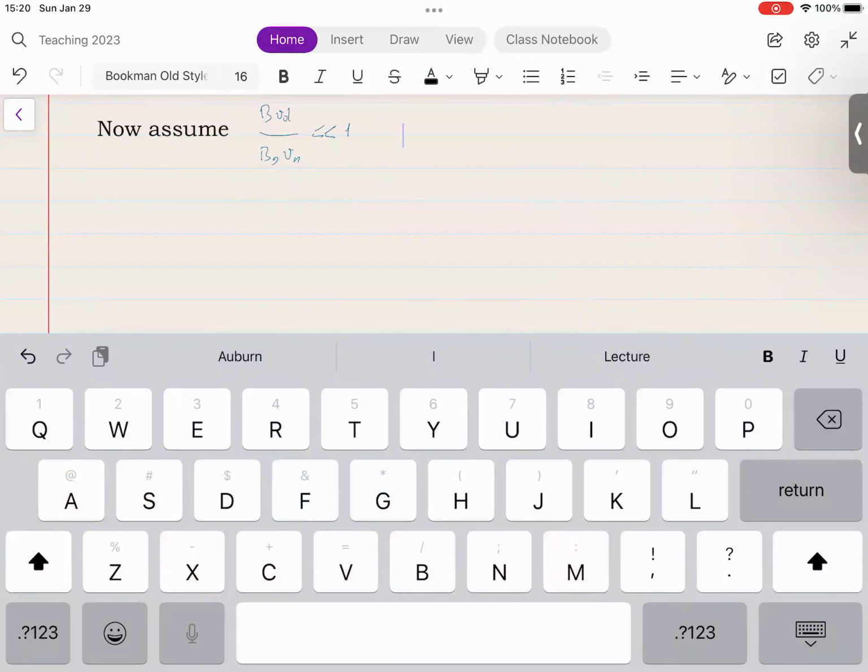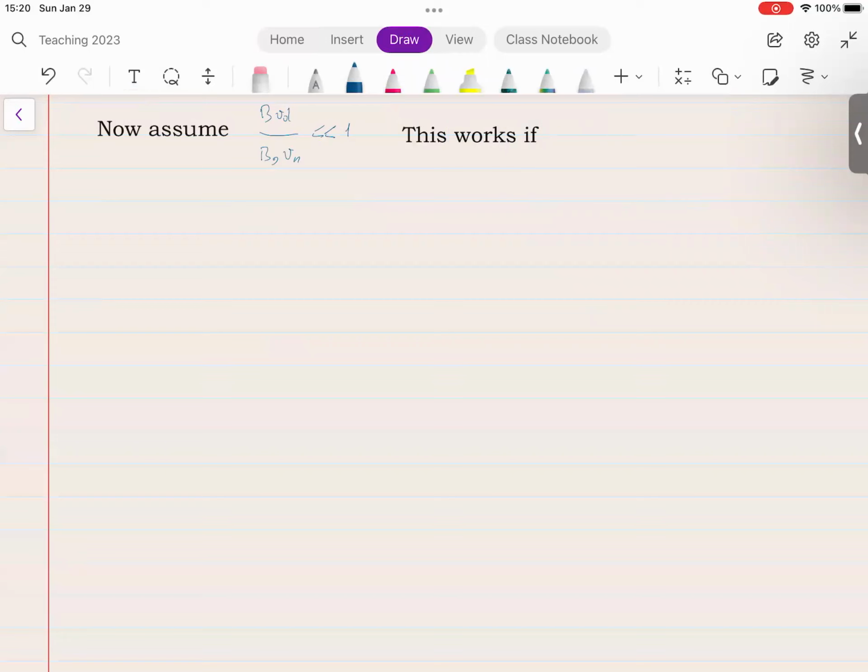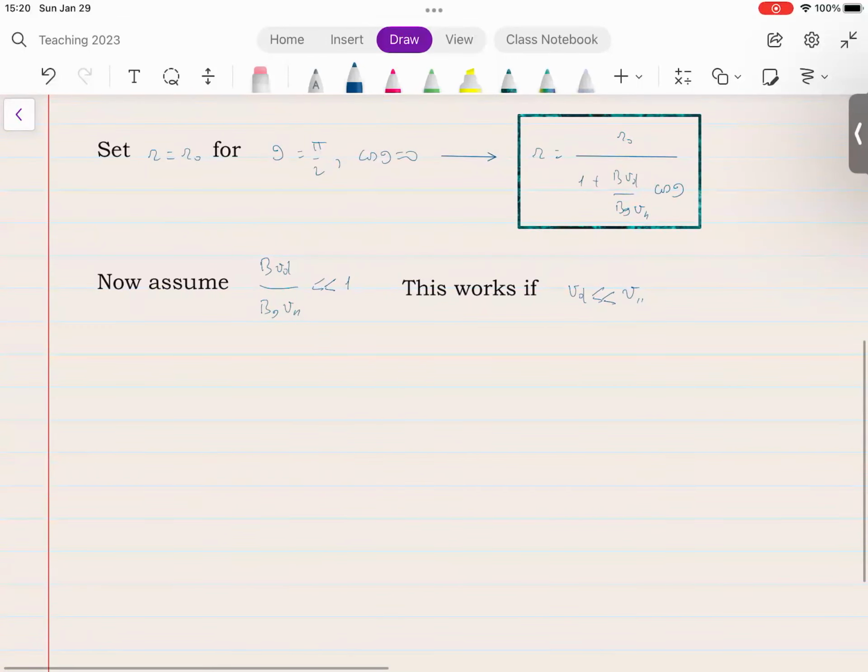The drift velocity is indeed in general small.